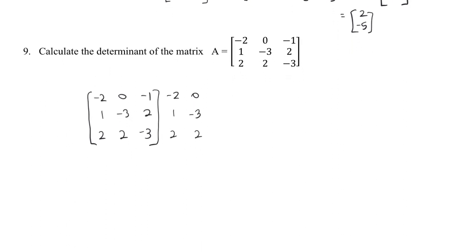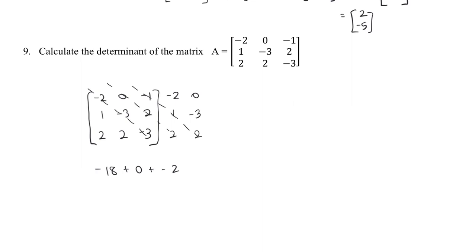And then I'm going to multiply three different numbers. So I'm going to multiply these three numbers. So -2 times -3 is 6, and then 6 times -3, that's -18. And then I'm going to multiply these three numbers. 0 times 2 times 2 is 0, and then multiply these three numbers. -1 times 1 times 2 is -2.